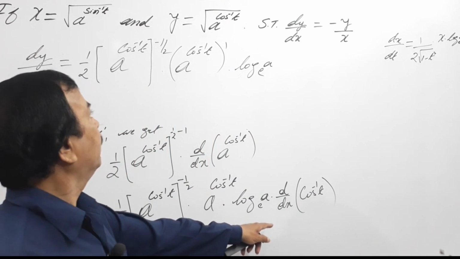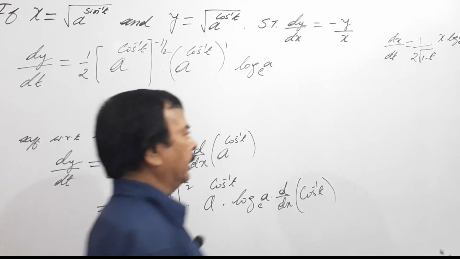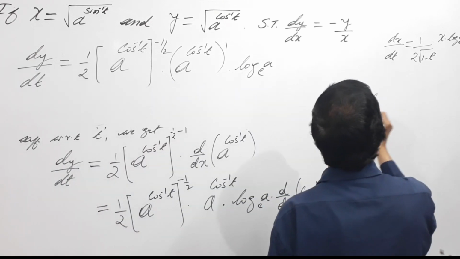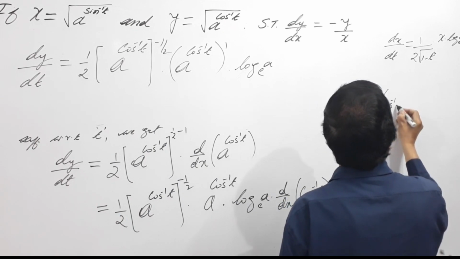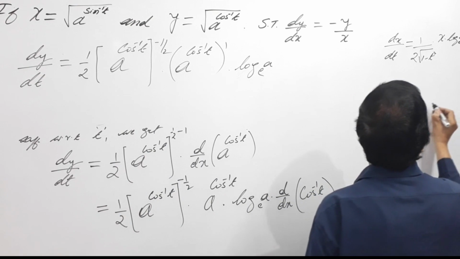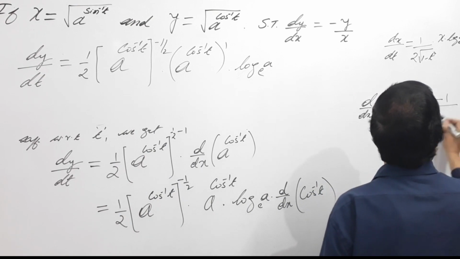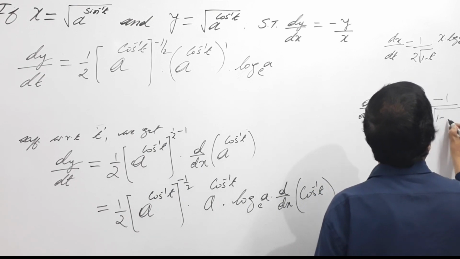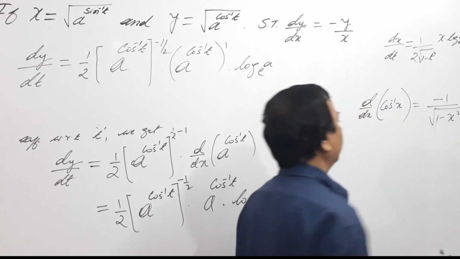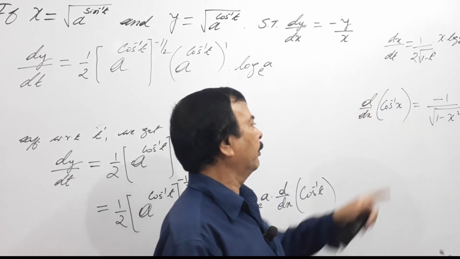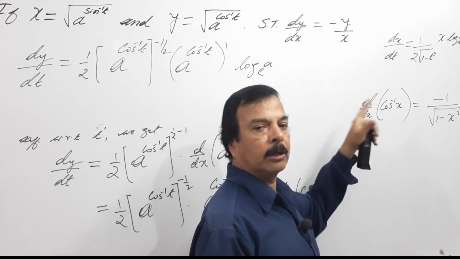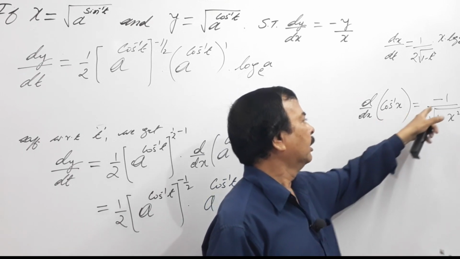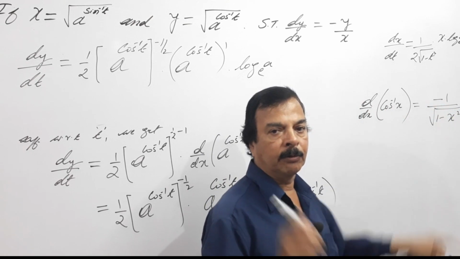Now d by dx of cos inverse t, that is d by dx of cos inverse x equals to minus 1 by under the root 1 minus x square. So remember, whenever we have something to do with cos theta, cot theta or cosecant theta, we will always have a minus value. Don't forget this.